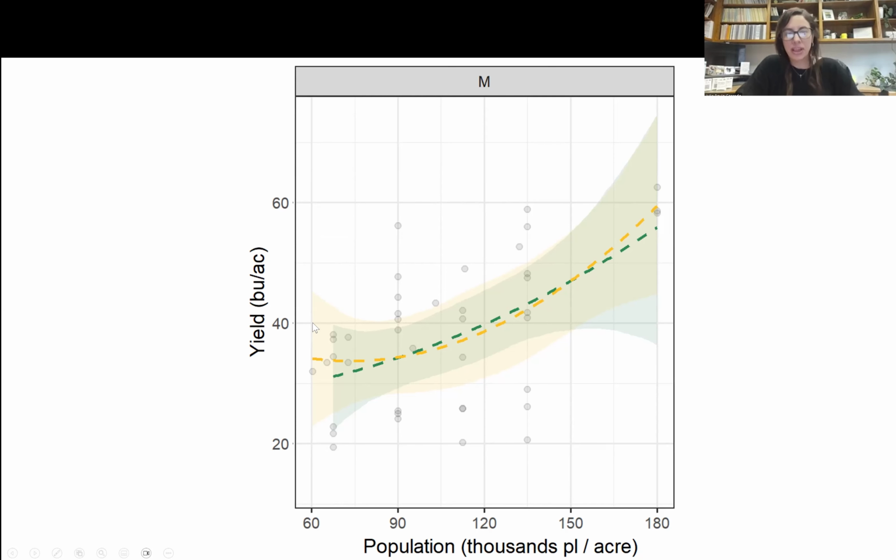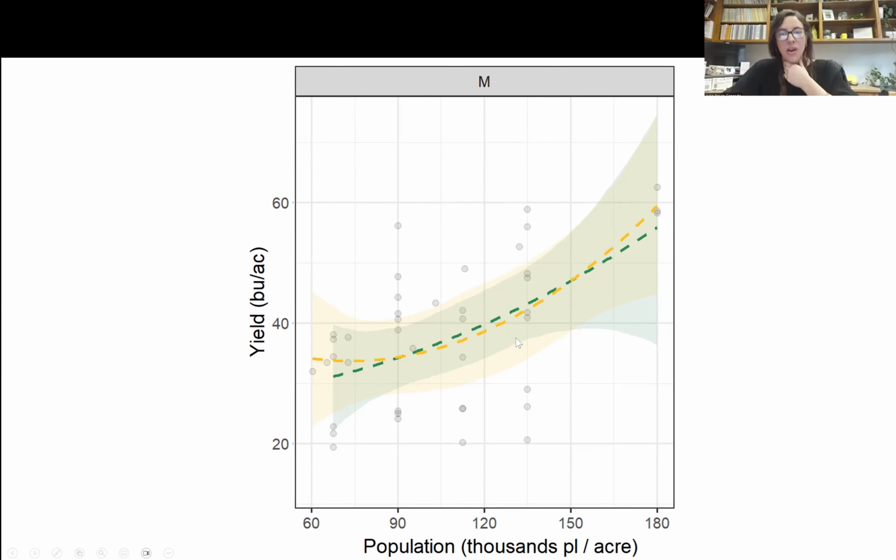When we go here, we can see that 60,000 plants per acre clearly is not what maximizes your yields. It's a little bit lower. And when we move to between 90 and 120 and 150, what we can see is that this shadow area, this is the thinner that you can see.